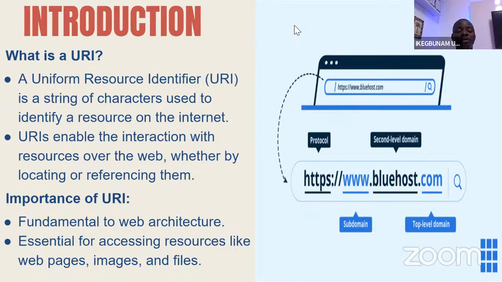Furthermore, URIs enable interaction with a resource over the web, whether by locating or referencing it. By referencing, we are talking about a particular domain name with the path to that file. By locating, we are talking about the name of that particular file or resource on the internet.